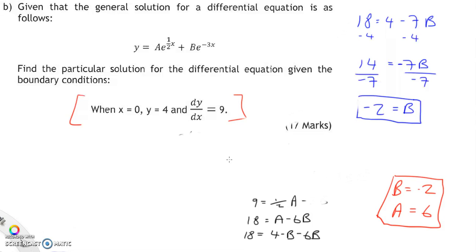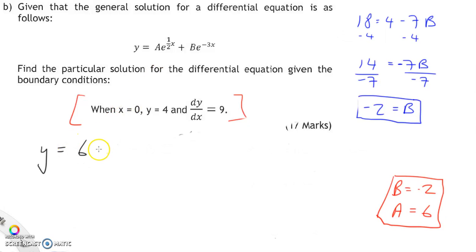So we have a and b, so you can see where this is going to go, hopefully. y equals, a is going to be 6. 6 times e to the power of a half x, we leave that there like that, plus b, and b is minus 2, so that's going to be minus 2 e to the minus 3x. That's it. Job done.